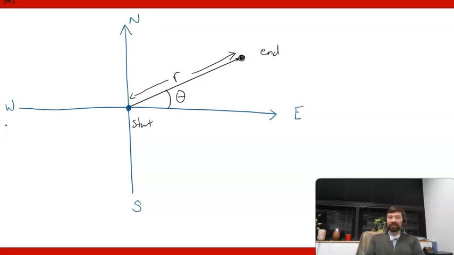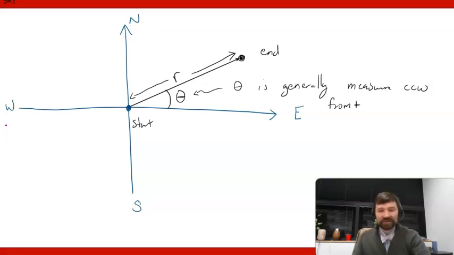But the angle theta is taken, so theta is generally assumed to be measured counterclockwise, CCW, from whatever is our positive x-axis. Plus x-axis or direction.